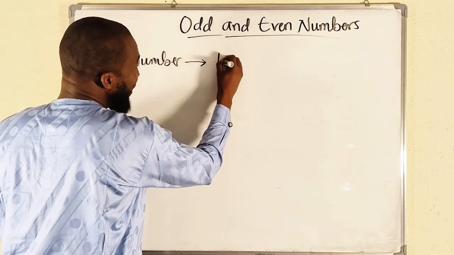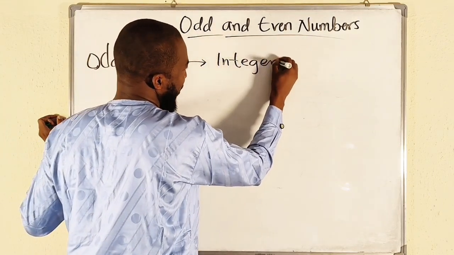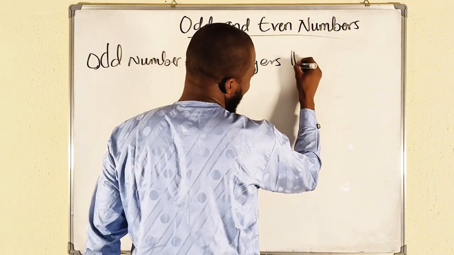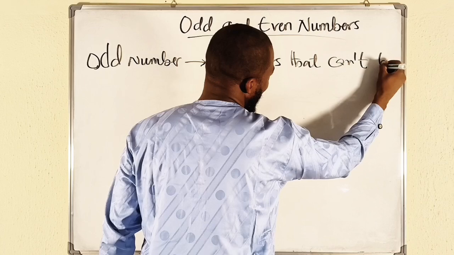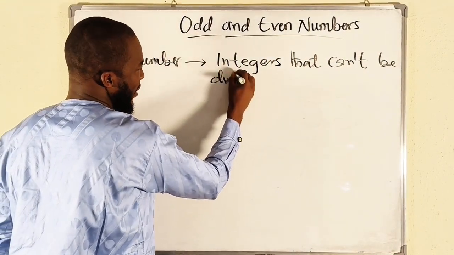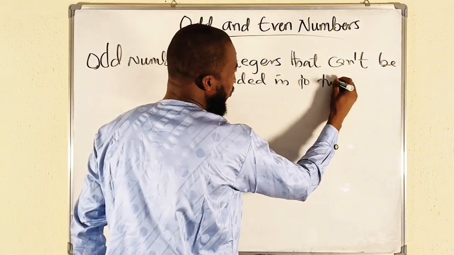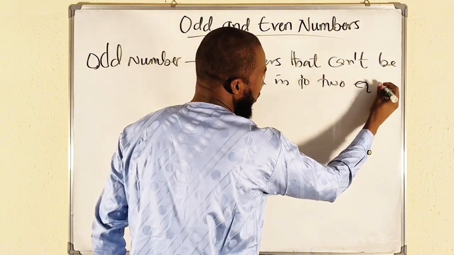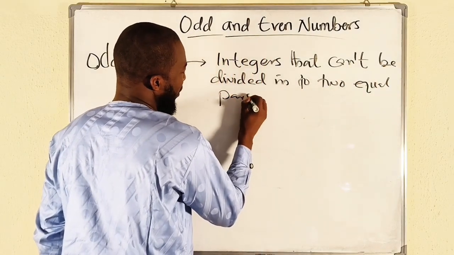They are integers that cannot be divided into 2 equal parts.